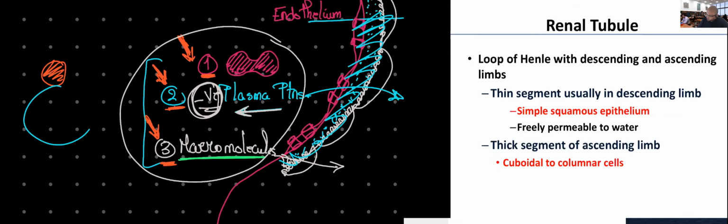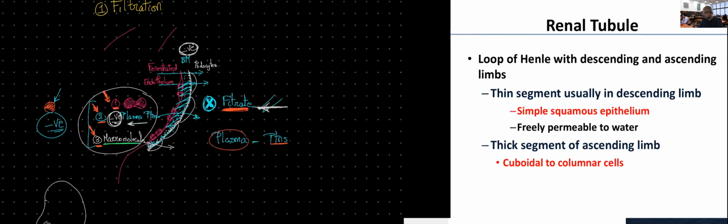So the plasma protein is negatively charged. It can't pass through the filtration membrane. So would you keep this drug forever in your system? What do you think? Would you like to keep it forever in your system?